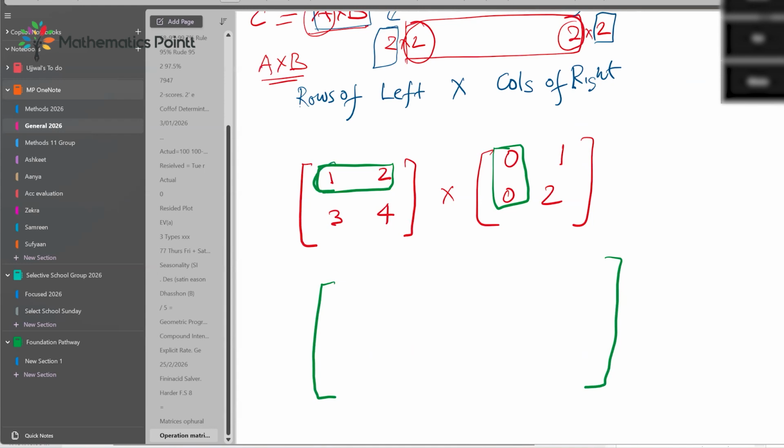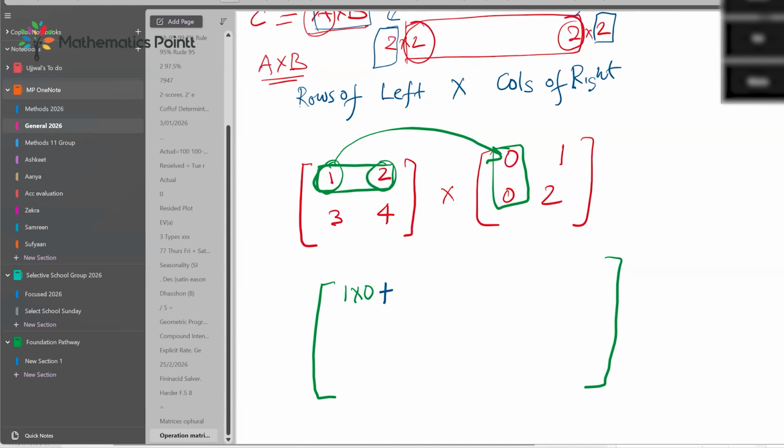The first element of this row needs to be multiplied with the first element of the first column: 1 times 0. After this, I will always say a plus.